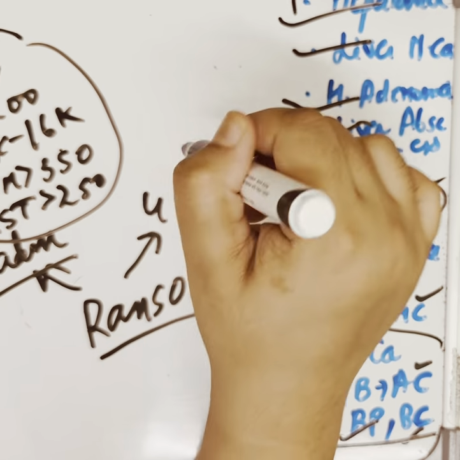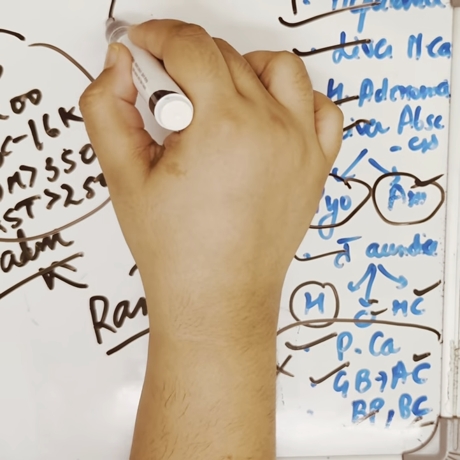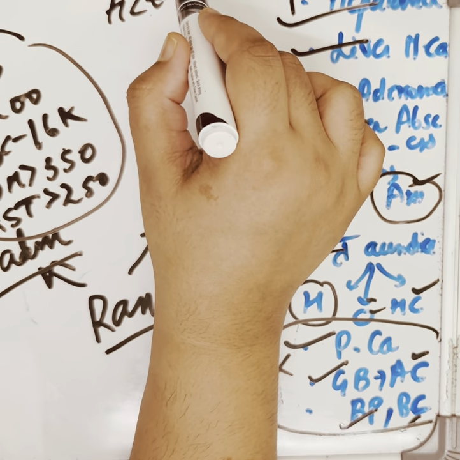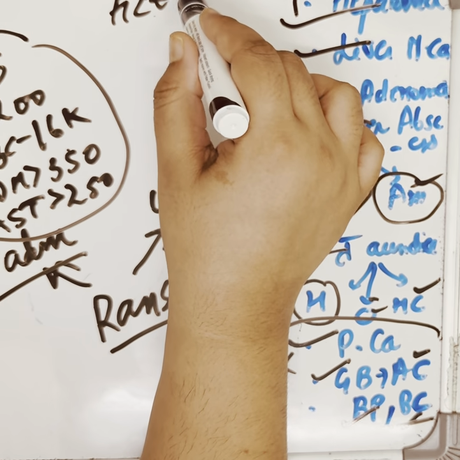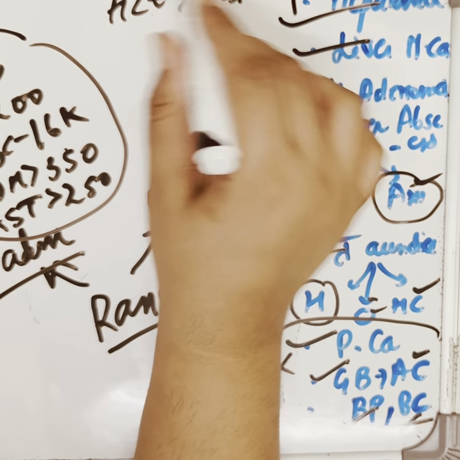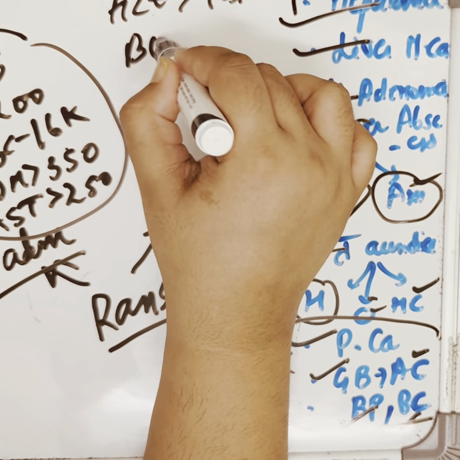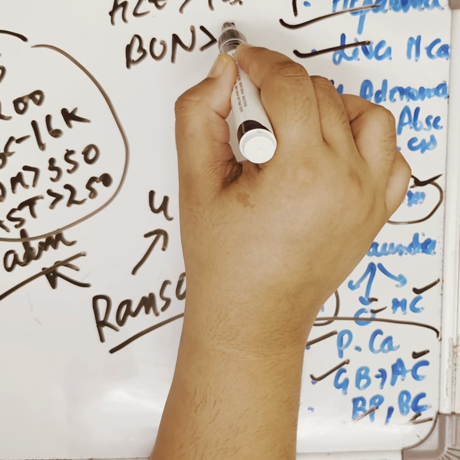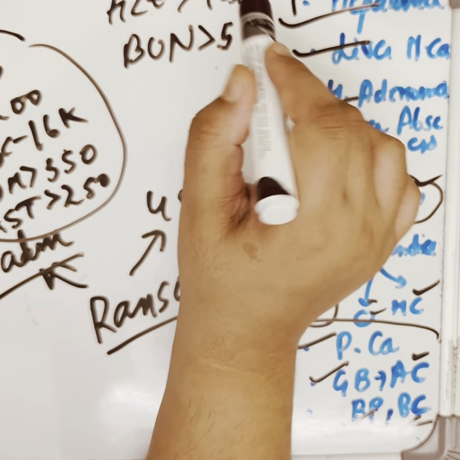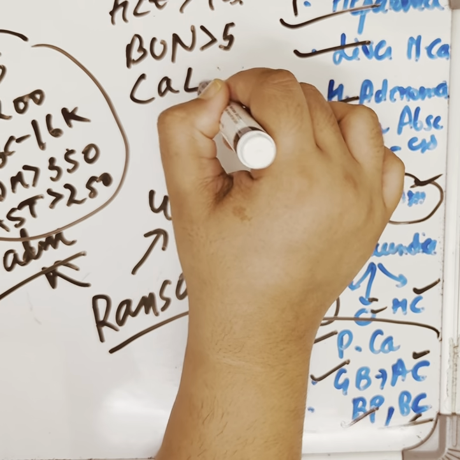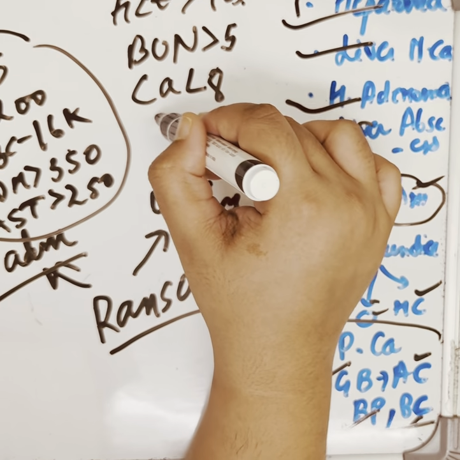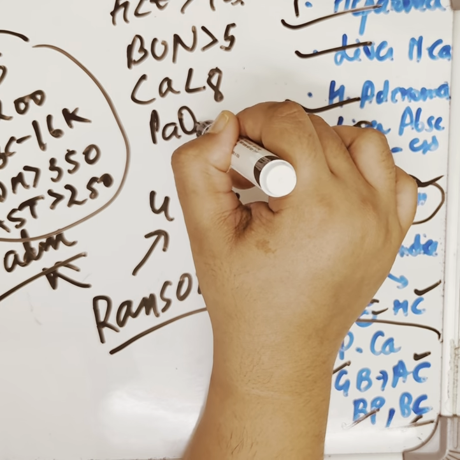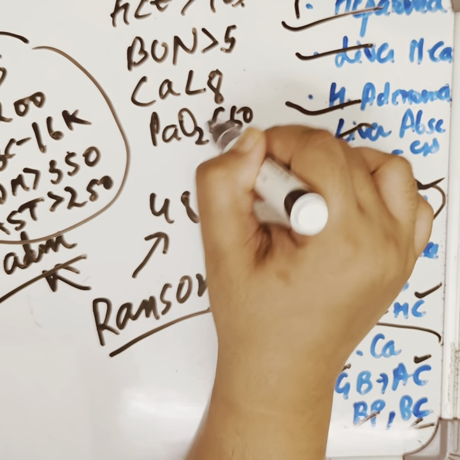So now at 48 hours, we'll see the hematocrit will drop by more than 10% from the admission. We'll see blood urea nitrogen increased more than 5 milligram per deciliter from admission. Calcium will decrease to less than 8. Partial pressure of oxygen will decrease to less than 60.